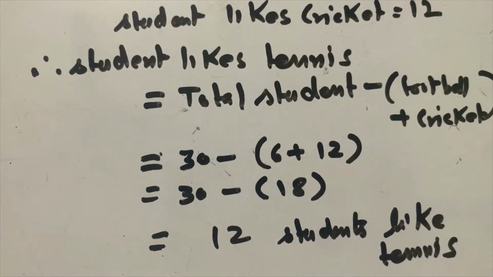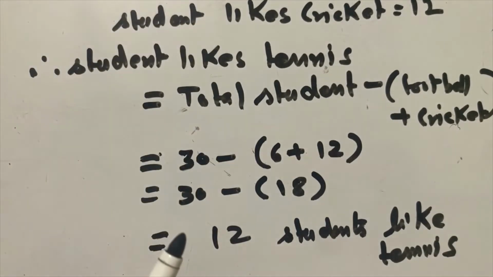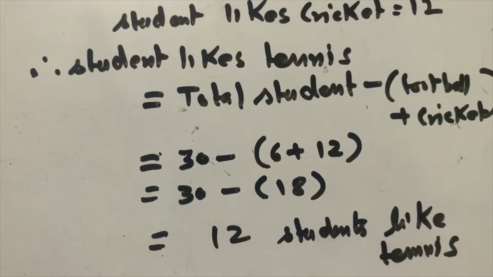Now the first question, part A: find the ratio of the number of students who like football to the number of students who like tennis.